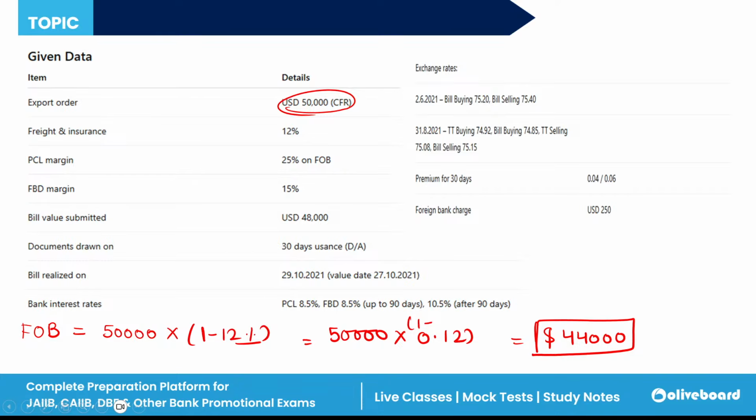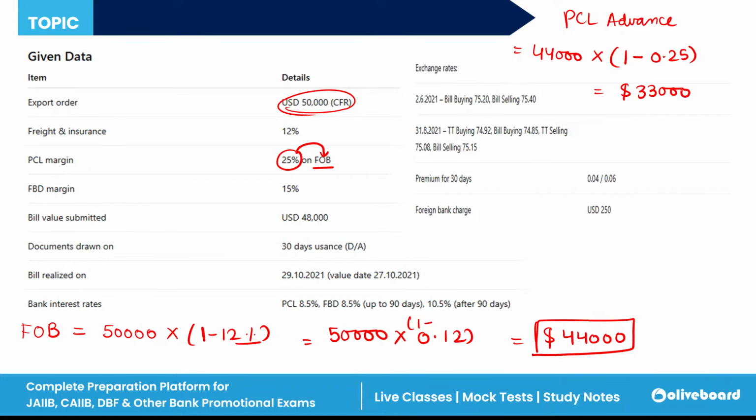Now, what is the margin given? That is given 25% on FOB. So, how to calculate the PCL advance? Take that FOB value, then subtract the margin, and here we got US dollar 33,000.